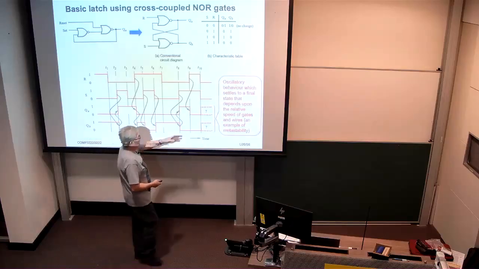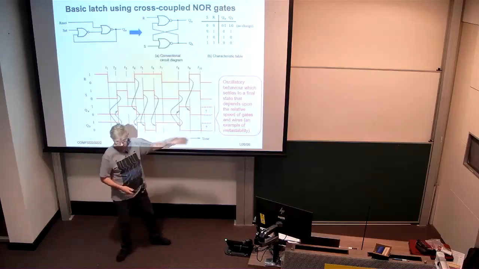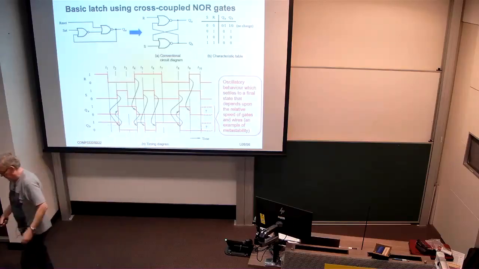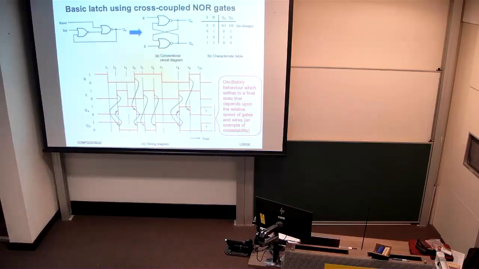And so we're going to get a period of oscillation in these outputs until eventually one output's going to flip just before the other. Why would it do that? Well, because it's nigh on impossible to have two physical objects that are exactly identical in terms of their resistance, their capacitance, and the latency that they will impose.